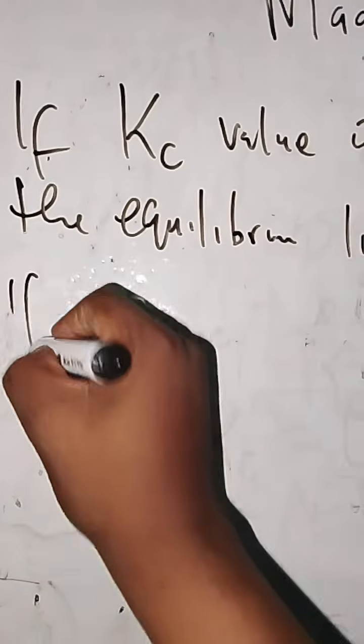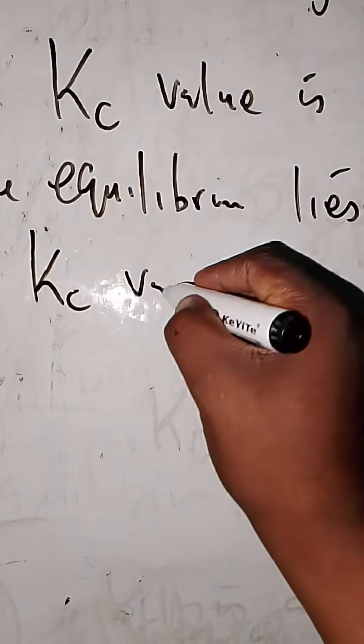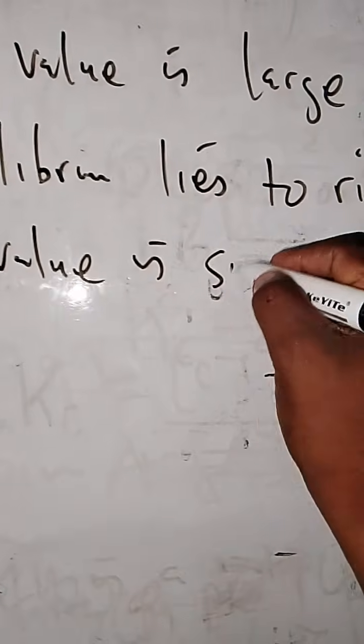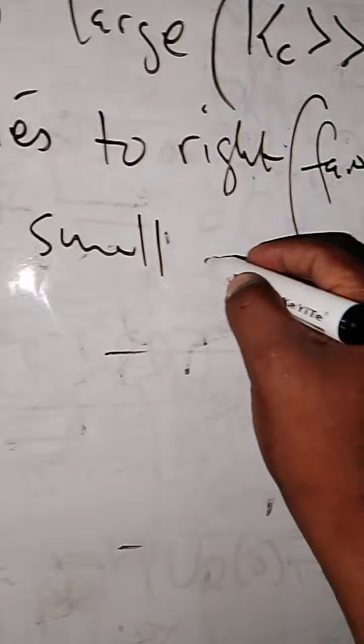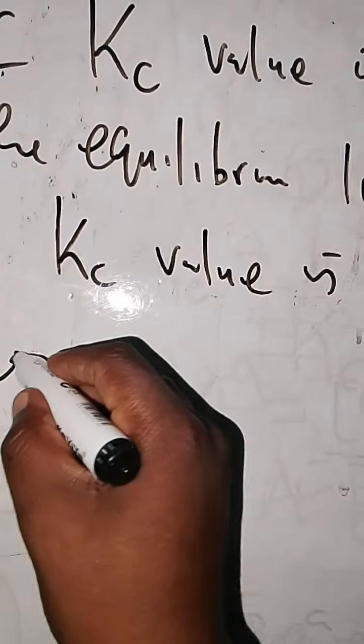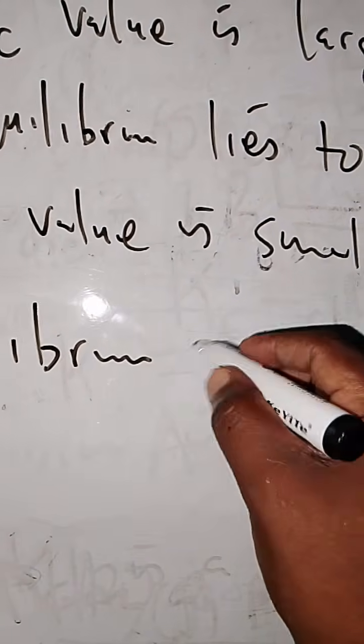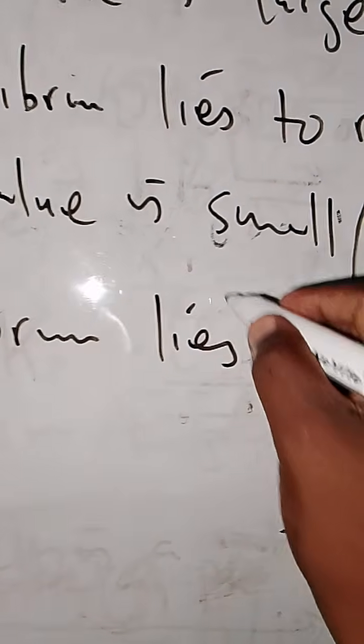Then the second one, if the Kc value is small, that is Kc less than 1, it means the equilibrium lies to the left.